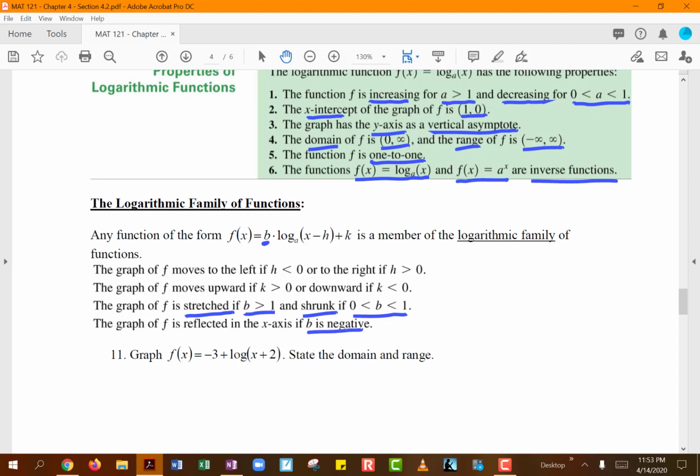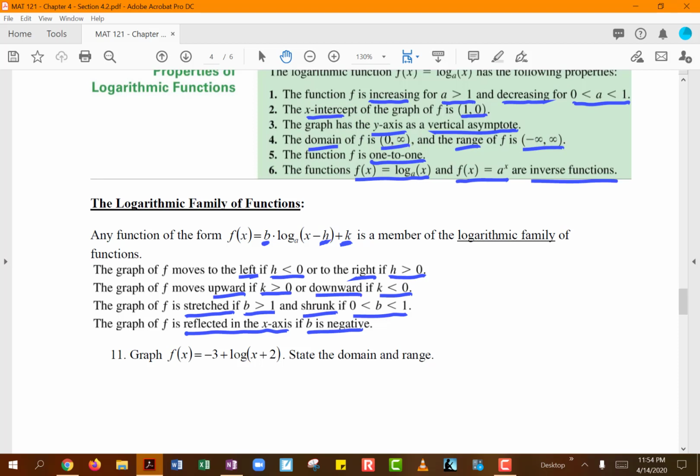Okay, and then this value of h here, if h itself is a positive number, your graph will move to the right. If h itself is a negative number, your graph will move to the left. For this value of k, if k is positive, the graph moves up. If k is negative, your graph moves down. So same thing we saw with transformation of functions in chapter 2, and of course the same thing we saw in 4.1 with our exponential function.